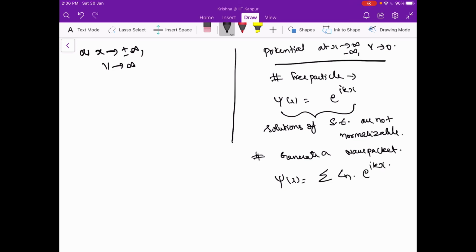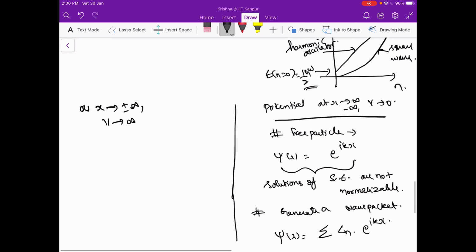whereas here, the potential goes to infinity at some point and then stays at infinity, in the sense that as x goes to plus or minus infinity, the potential definitely goes to infinity, right? Examples are the square well potential and the harmonic potential.